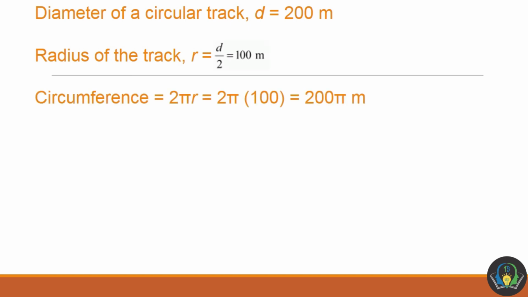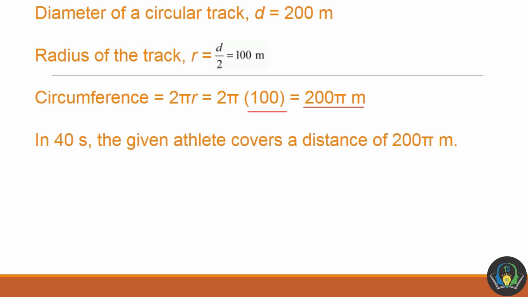The circumference, that is the perimeter of the circle, is 2 pi r, and over here the value of r is 100 meters. So we get 2 pi into 100, which is 200 pi meters. In 40 seconds, the athlete is covering a distance of 200 pi meters, right?